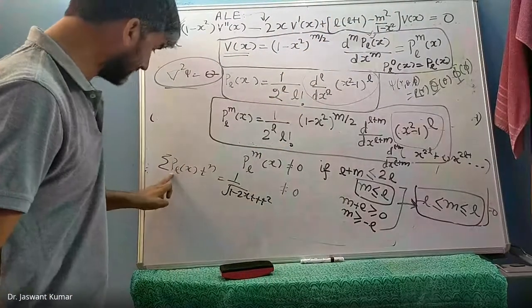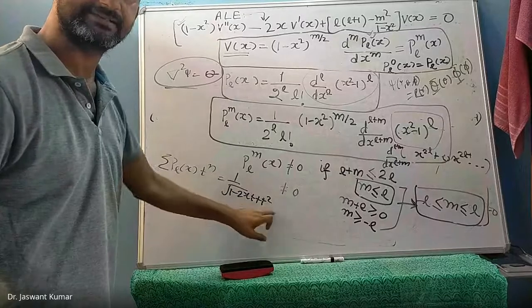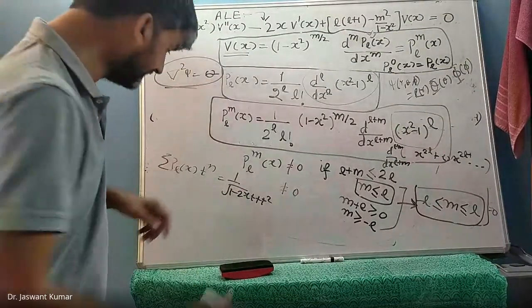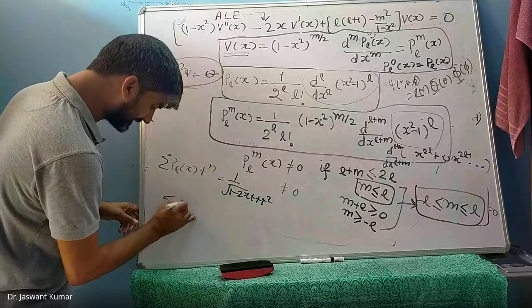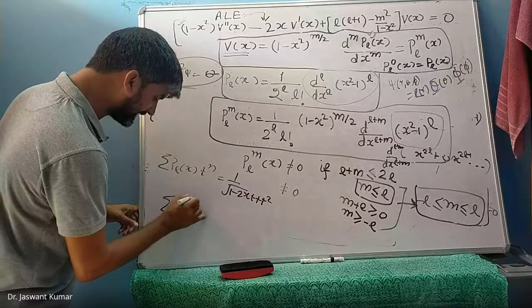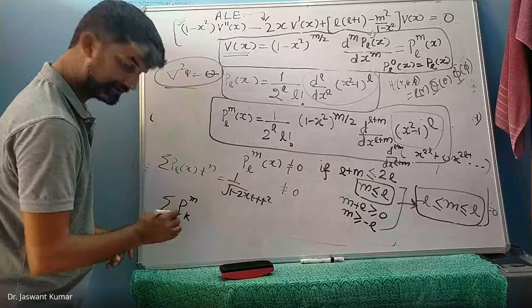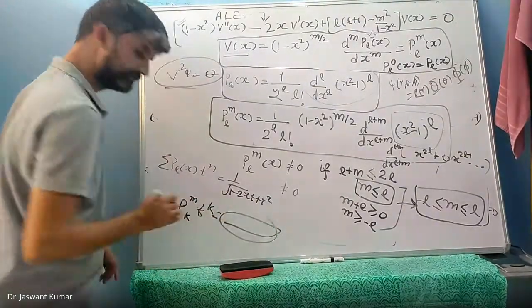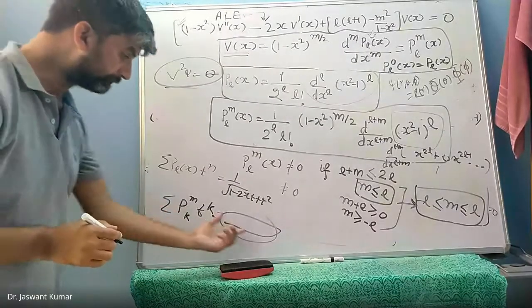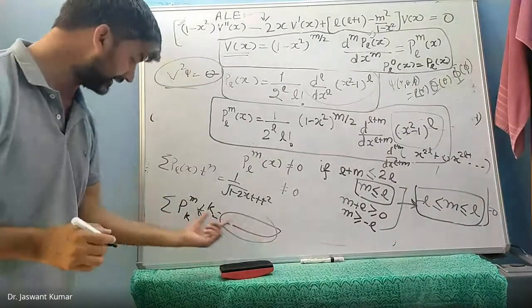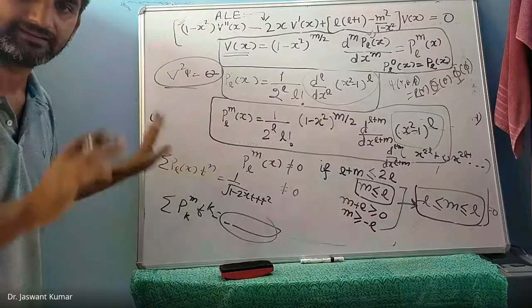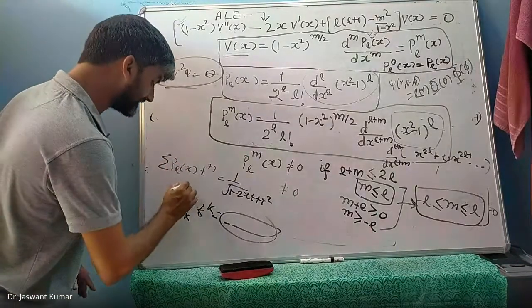So take the mth derivative of both sides and then try to write this side as P k m t to the power k equal to something. Whatever you get over here will be the generating function for this P k m. I leave this as an exercise for you.